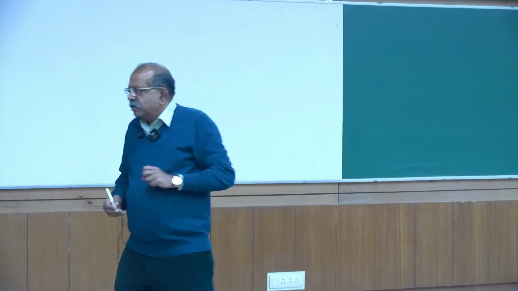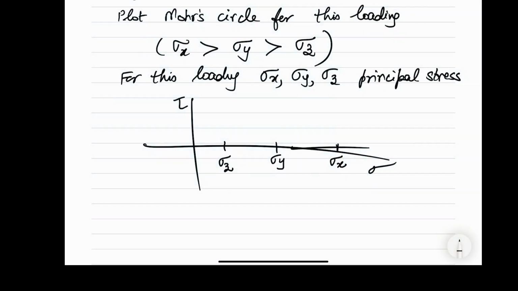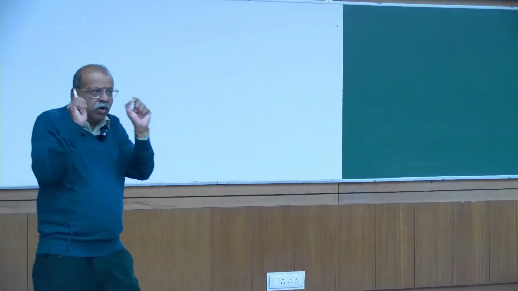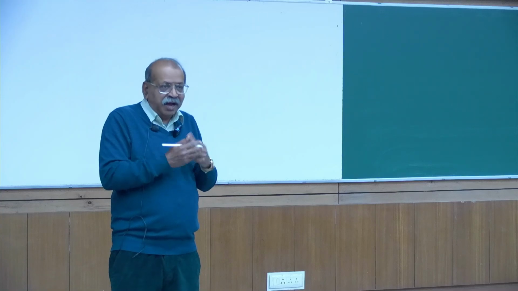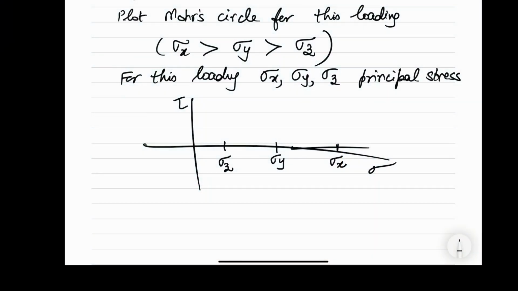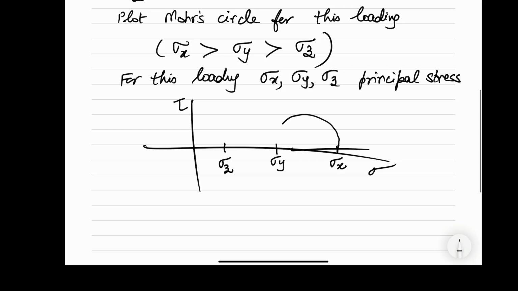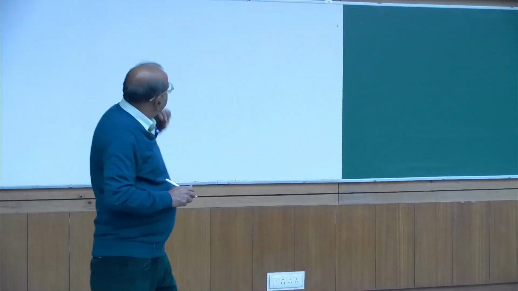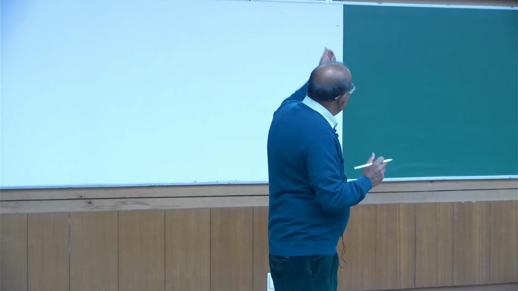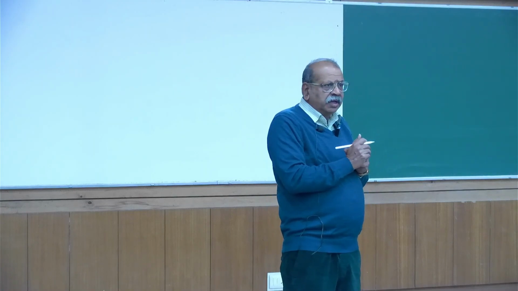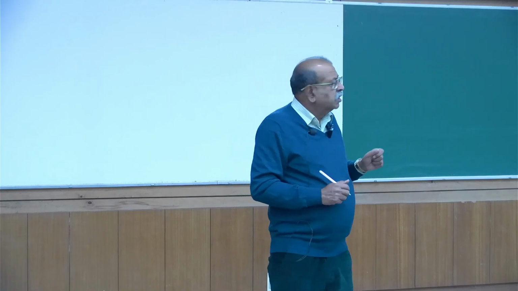So now, based on sigma x and sigma y, because these are the principal stresses, can I draw a Mohr circle? I can. So this circle between x and y will look like this. This is the Mohr circle for the xy plane. Is that clear?